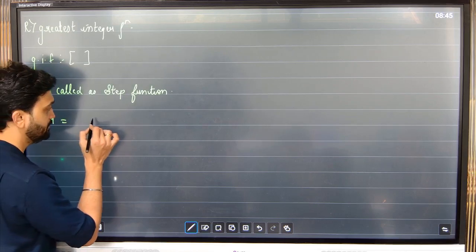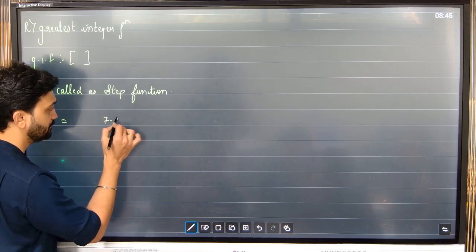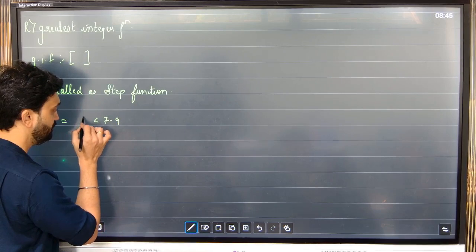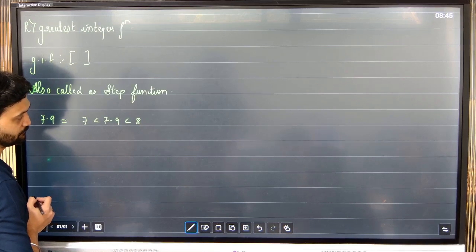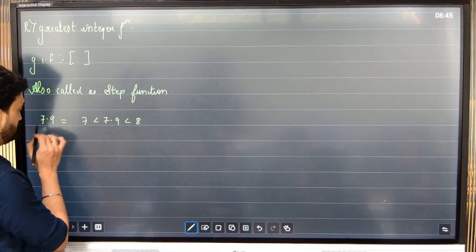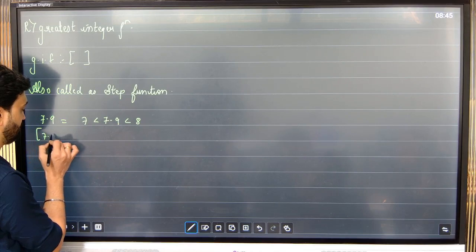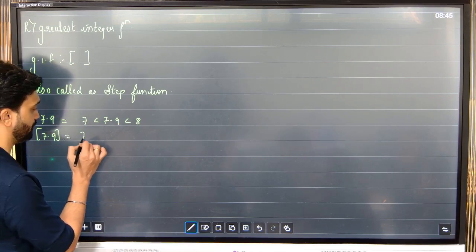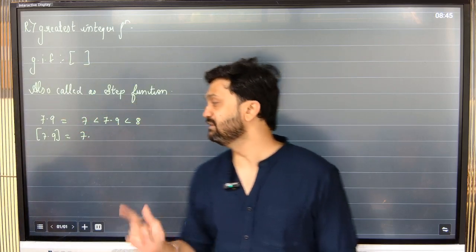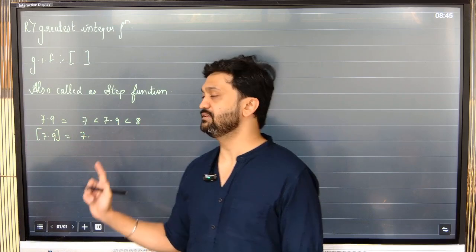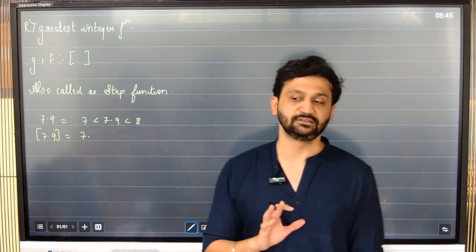I know that 7.9 lies between and including 7 to 8. So if someone asks what is the greatest integer of 7.9, my answer is 7. So, the lowest integer will be the answer for the greatest integer function.